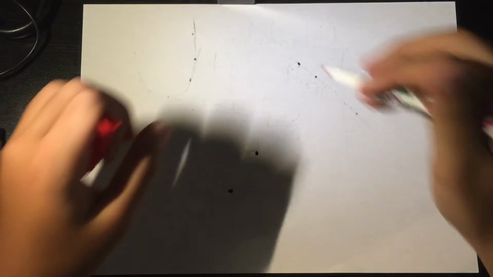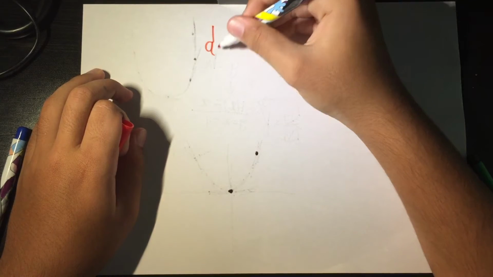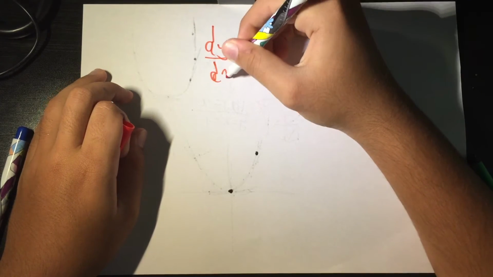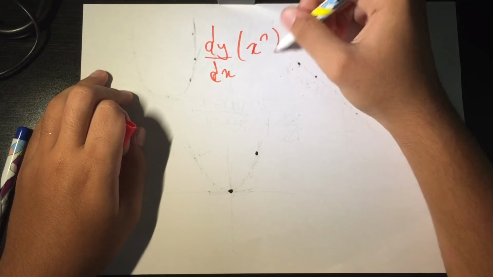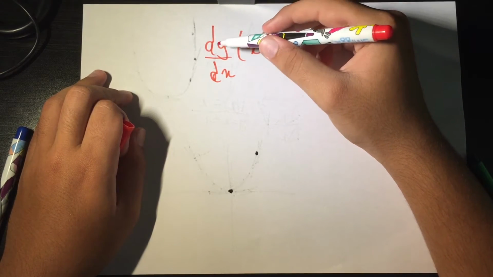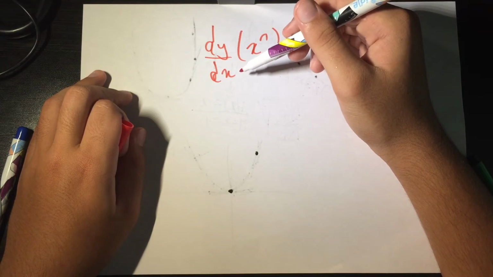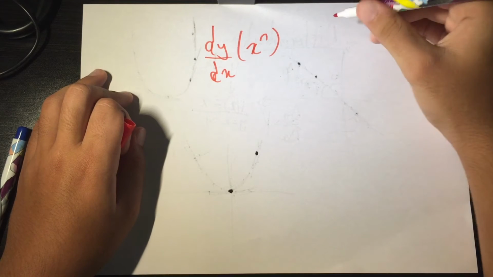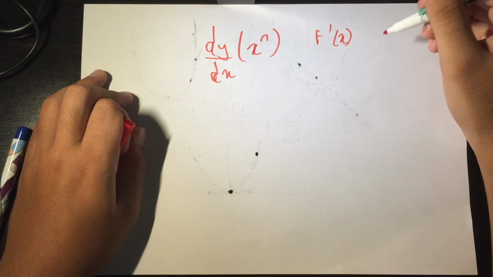I'm going to write the rule to differentiate any function: dy over dx of x to the power of n, being any power. And yes, if you want to differentiate something, the notation for this is dy over dx. Some people can also write it as f prime of x as another notation.